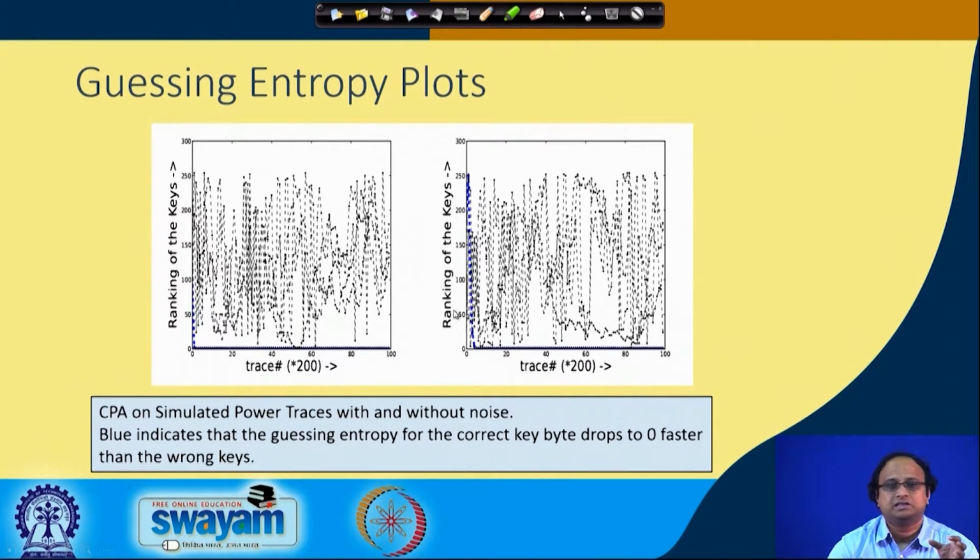That implies that if you add more noise, the attack becomes difficult, and takes more traces to reduce the guessing entropy to 0, or to bring the correct key to the top of the guessing vector. That is the objective behind the experiment.